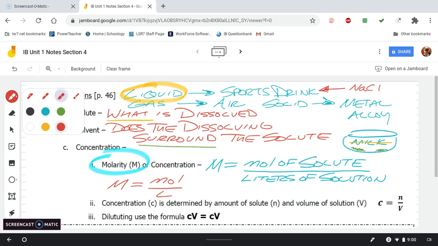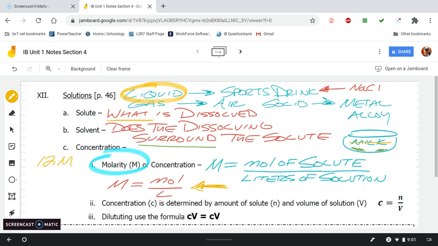This is an extremely useful formula, and we will use it quite a bit. Molarity is measured in values with an M at the end. Our concentrated hydrochloric acid is 12 M, so 12 molarity. That's the stuff I get from the chemical supply company.